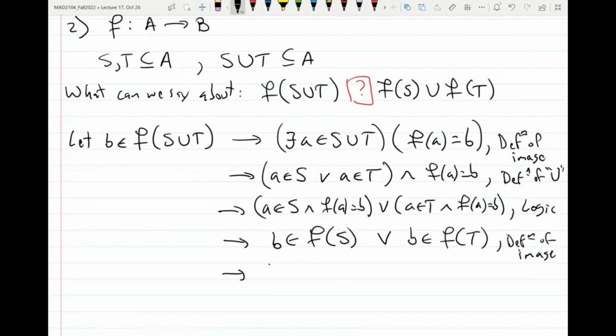In the union. Then B is in the union. That's the definition of union. Did you understand this? So we just argued that if you start with an element in the image of the union, then that element belongs to the union of the images.